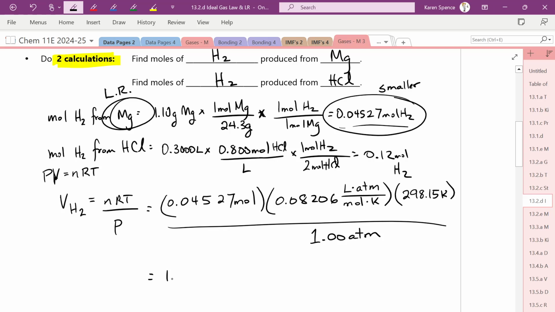And we get 1.107, which goes to 1.11 liters. Is that good? Okay.